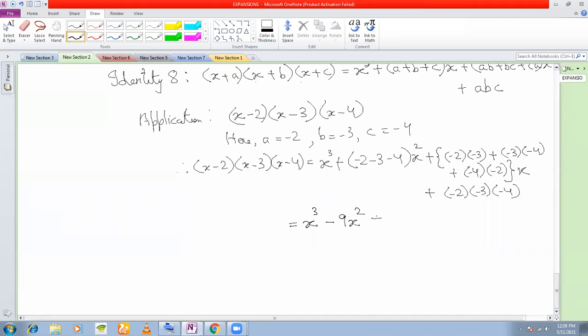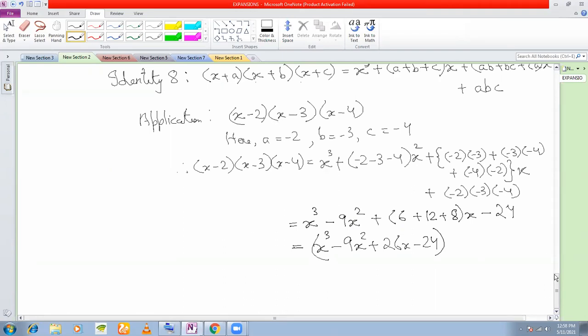And here, what is the sum? It is 6 plus 12 plus 8, x. And here you have a minus 24. So you have x cube minus 9x square plus 26x minus 24. Okay, so this is one application.